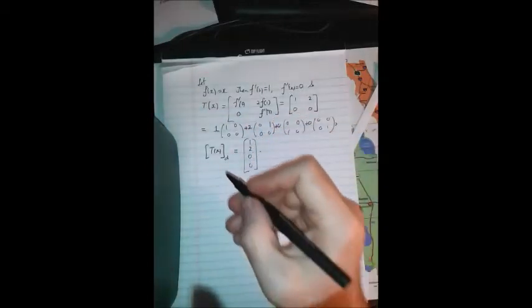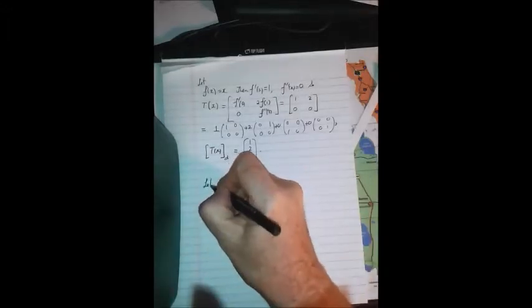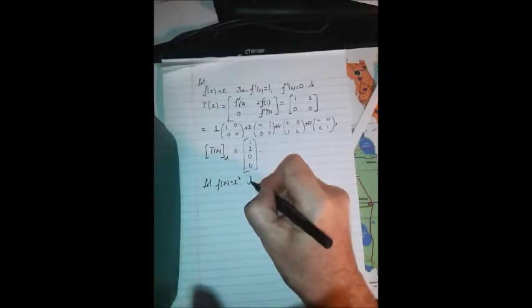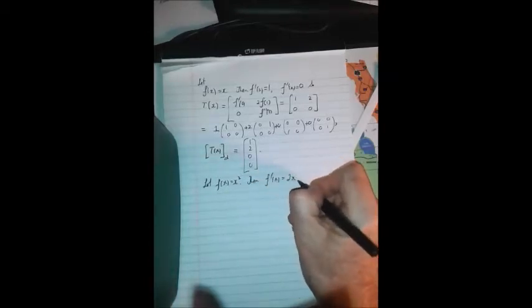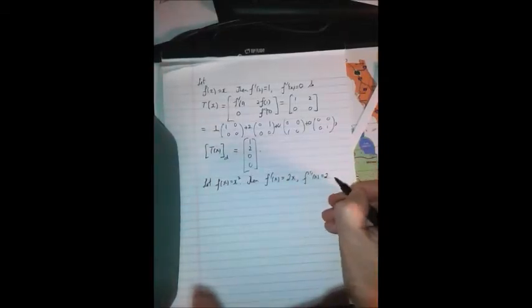Okay, so thirdly, we need to work out T of x squared. So this time we let f of x equals x squared. Then the first derivative of f is 2x, and the second derivative of f is equal to 2.